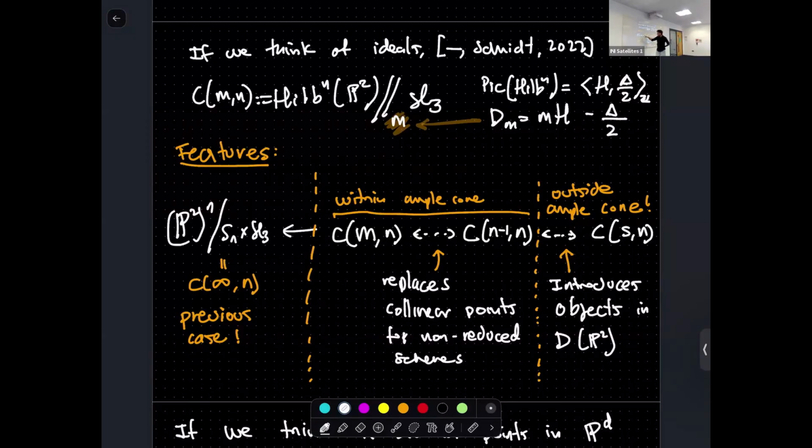In this extreme, you have nothing about non-reducedness, that's gone. You only see collinearity and the points colliding with each other. And then this compactification allows you to pick: you can prioritize collinear points, or you can prioritize non-reduced structures.